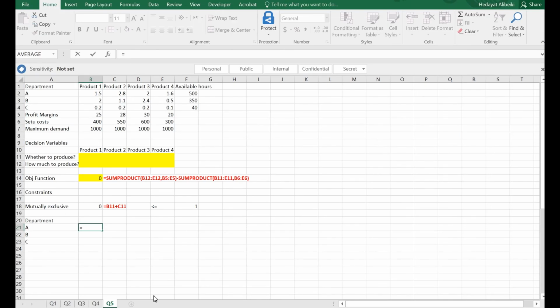So for department A, it's going to be the sum product of the working hour per unit from department A, comma, the amount of production of different products. So this should be less than or equal to 500.